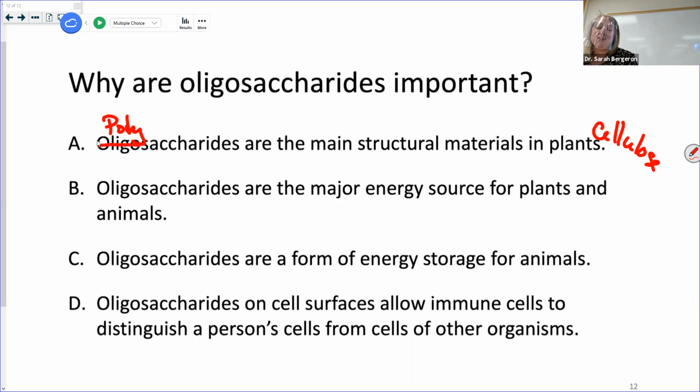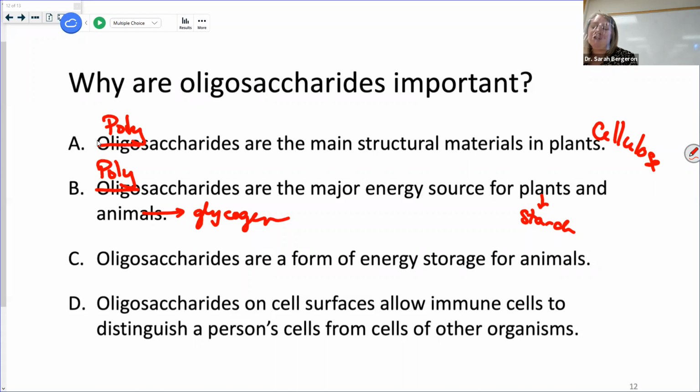Okay, oligosaccharides are the major energy source for plants and animals. True or false? False. How could I make it true? Polysaccharides are the major energy source for plants. That's really starch. And what is starch? Amylose and amylopectin. And animals, it is glycogen.